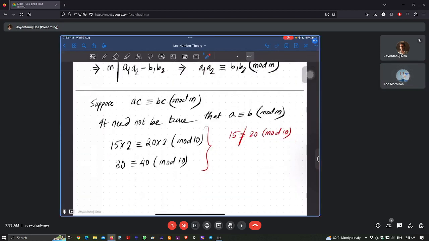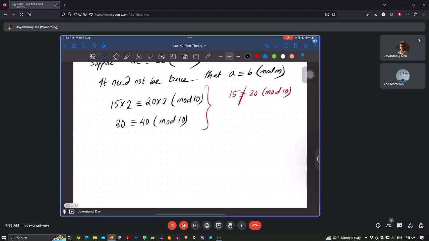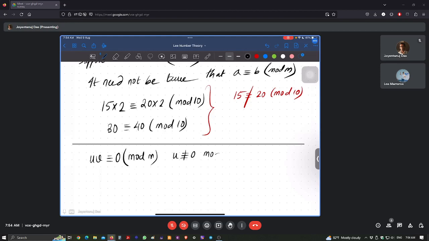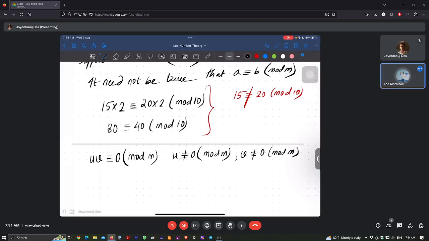One more example: it can also happen that the product UV is congruent to 0 mod M. So 0 mod M is when it is divisible, but U individually is not 0 mod M, and V is also individually not congruent to 0 mod M. So for example, 6 times 4, that is 24, is 0 mod 12, it is divisible by 12.